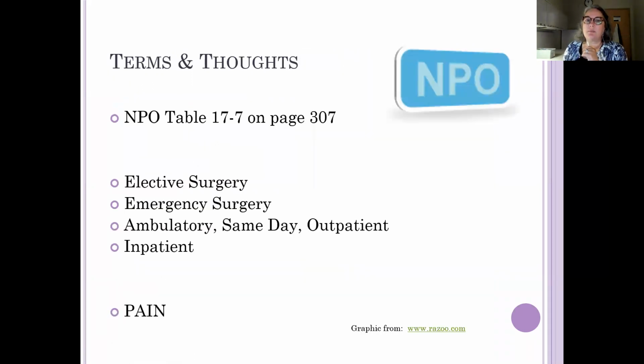So there are some different, like I warned you, there is a lot of terminology that comes along with pre-op and post-op. This is one of those pre-operative, post-operative, very important terms. NPO, nothing per oral, no oral intake. Because the risk of aspiration while they're in the procedure is so high, enormous.